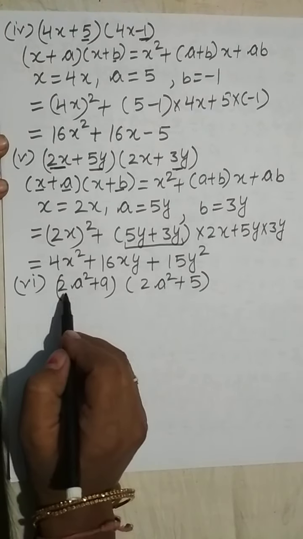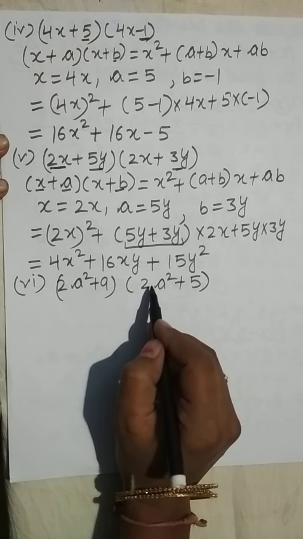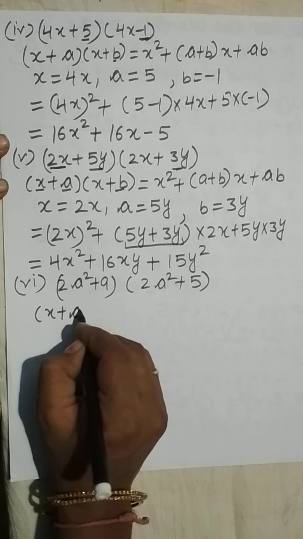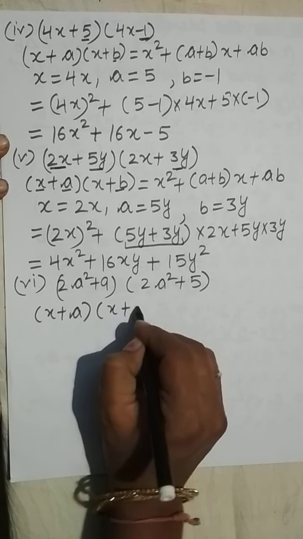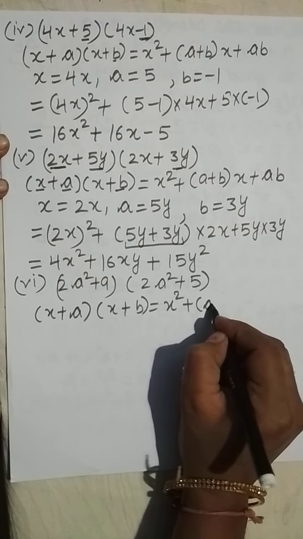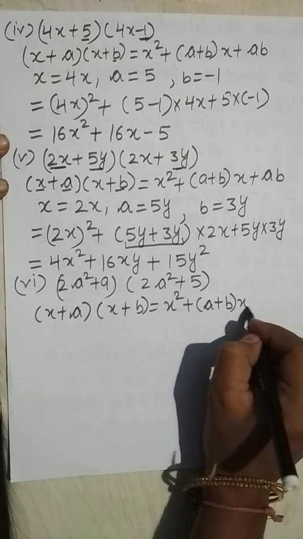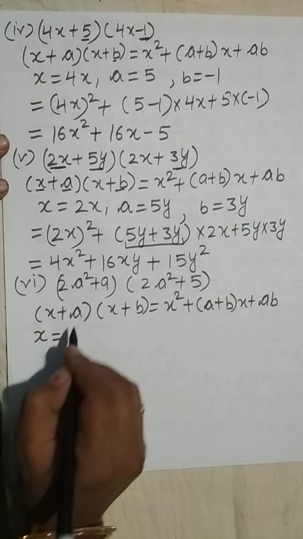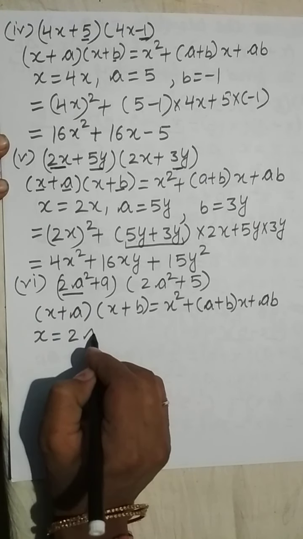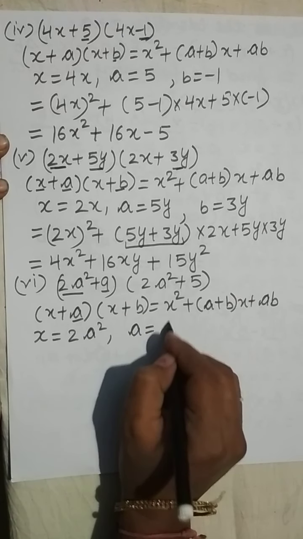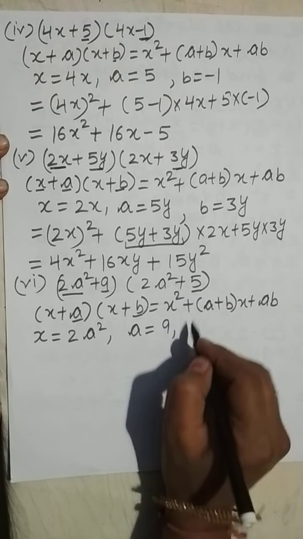Sixth part is 2a square plus 9 into 2a square plus 5. Again write down the identity first. In all the questions we will write down the identities. Now compare the values. X is 2a square, a is 9 and b is 5.